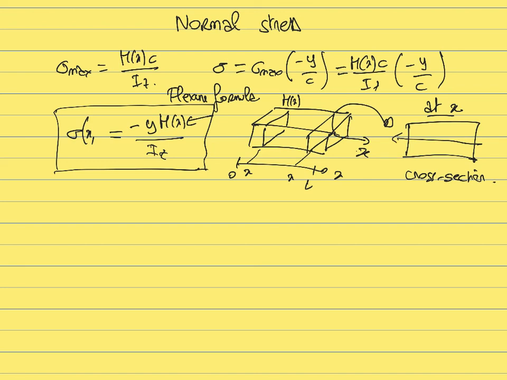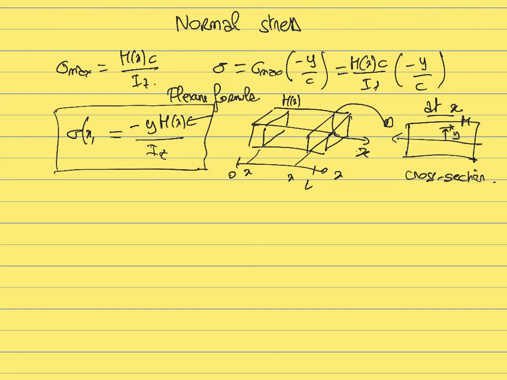For each point M within this cross section, if you want to know the stress at a given point M, you need to look at its position y with respect to the neutral surface. And then you can calculate the stress.